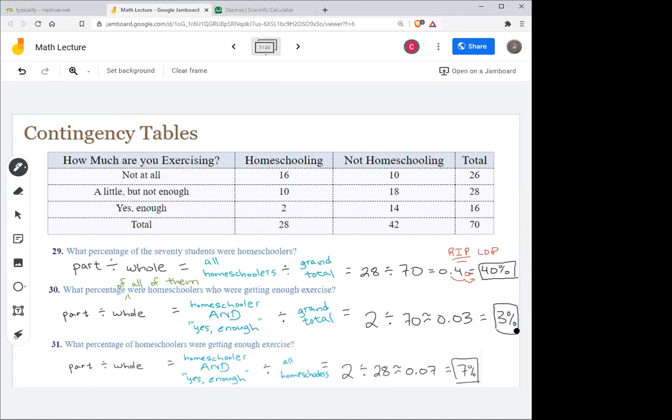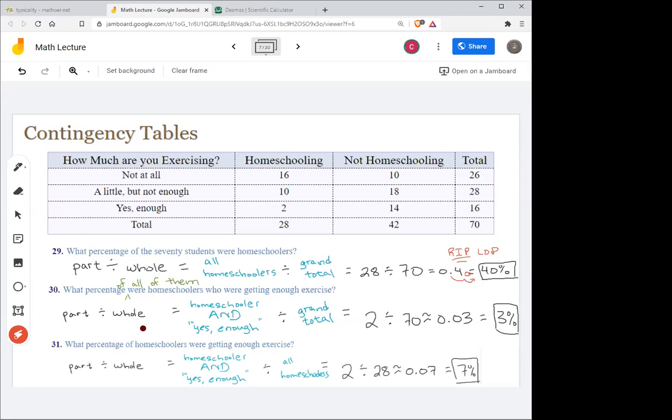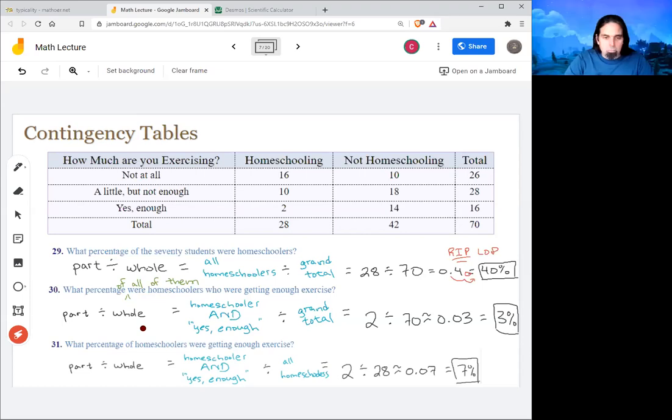So because it says were, it means all of them. If it doesn't have an "of something," then it's implied that it's all of them. Okay. But that is more an English language thing than a math thing, which is why it tricks me too.